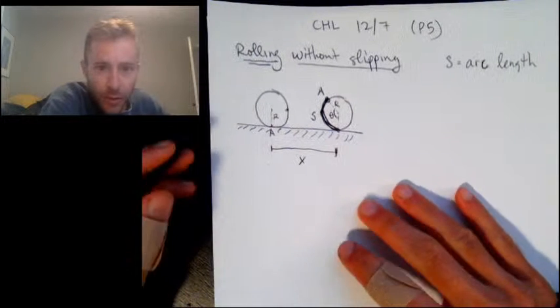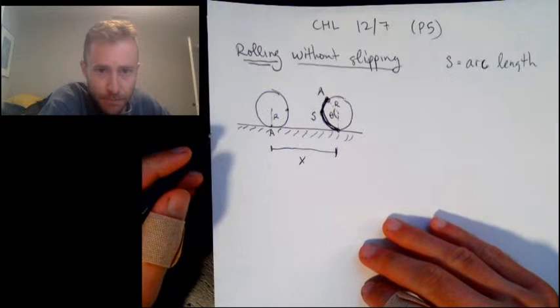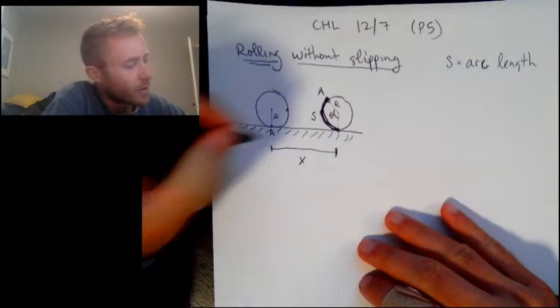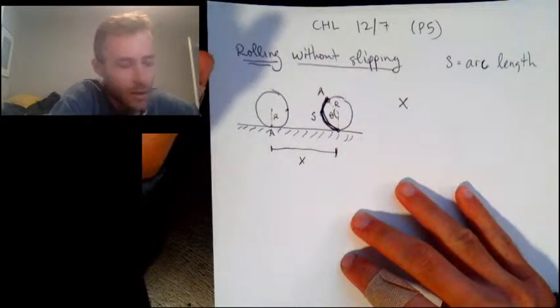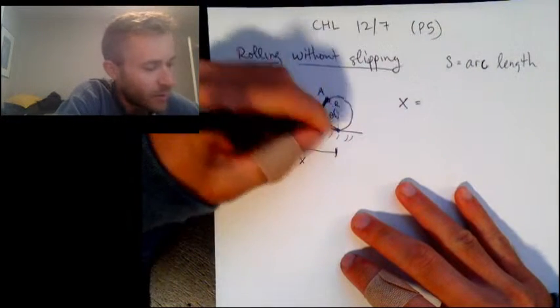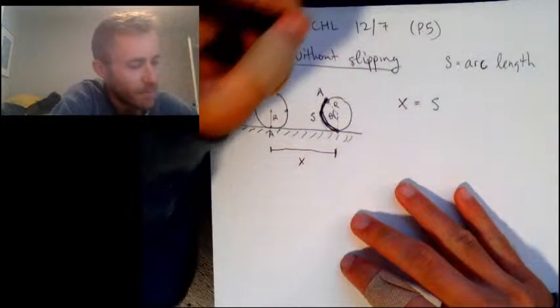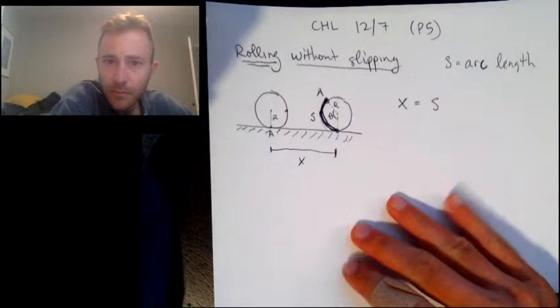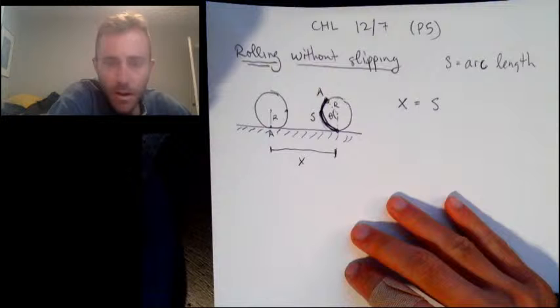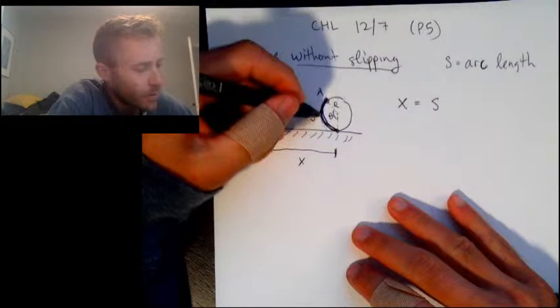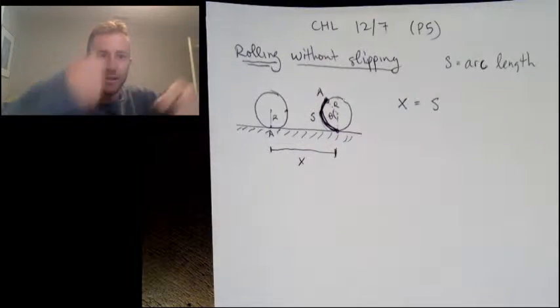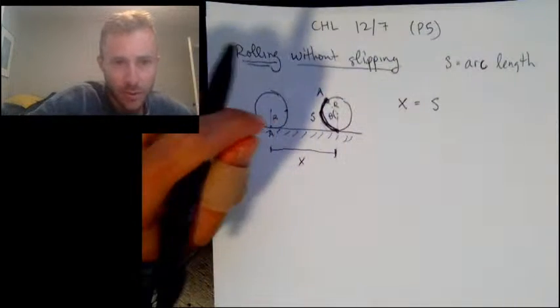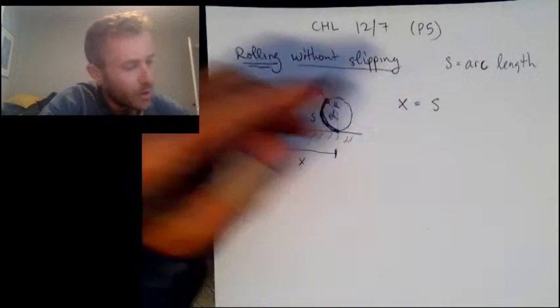Now, if the thing is rolling without slipping, then that means that the distance the wheel moves forward is equal to that amount of arc length. Because you can imagine if something is rolling while slipping, it's spinning, but it's not traveling the right amount of distance.